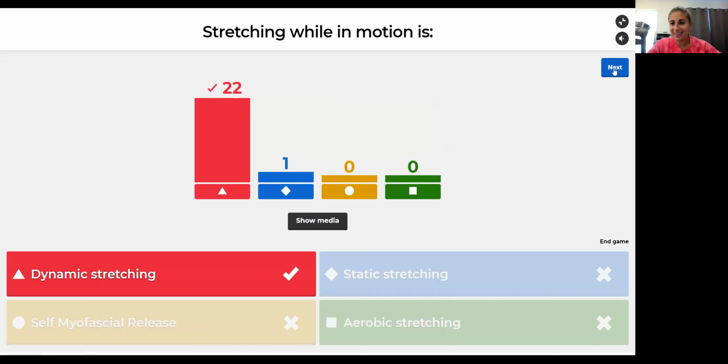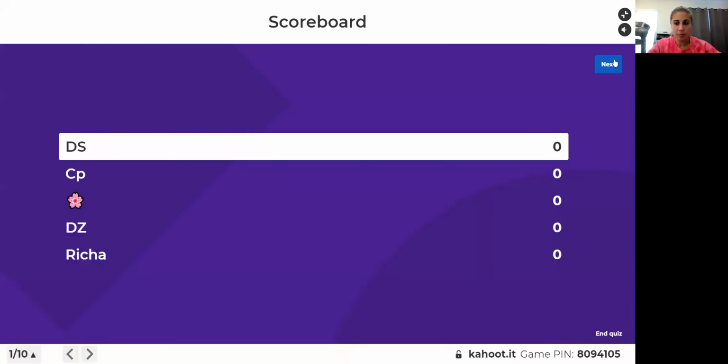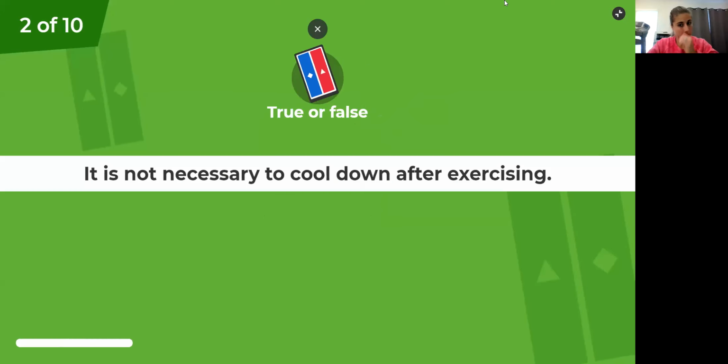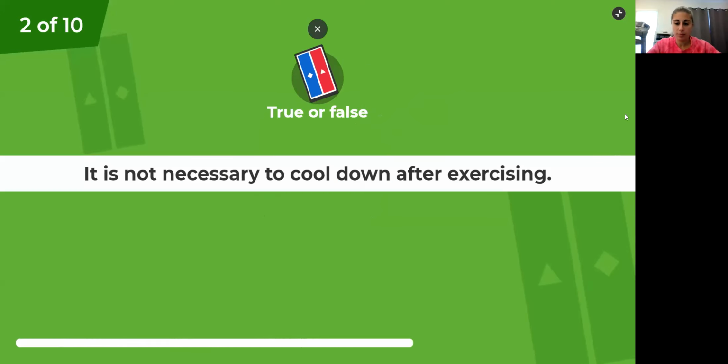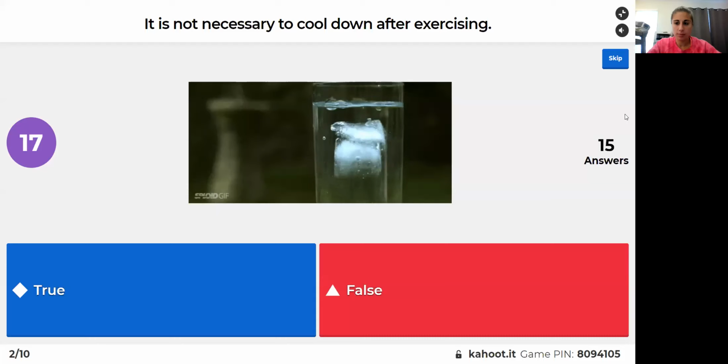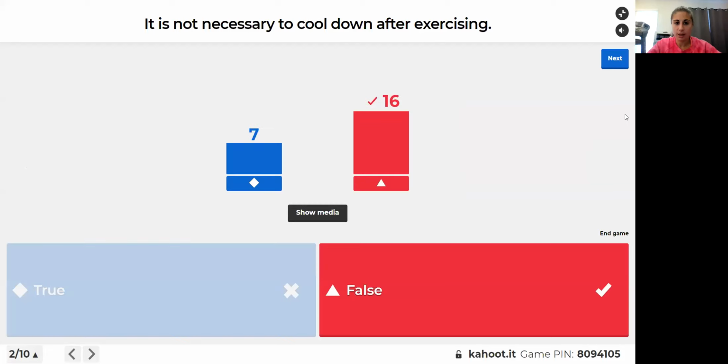Good, easy one. That is false. You should cool down, some form of cool down, even if it's like 5 minutes of walking, you should cool down.